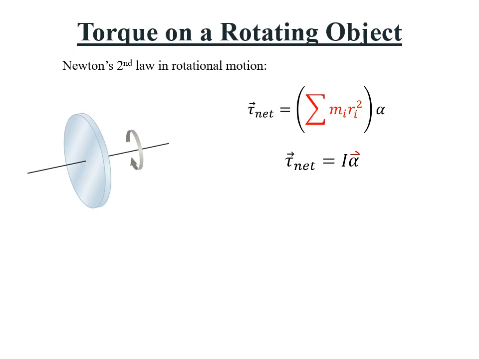This equation is very similar to Newton's second law in linear terms, where F net is equal to m times a. Remember, these are linear quantities, whereas now we are dealing with angular quantities. We'll talk about torque in the next two chapters as well, so I will not go much further into that.